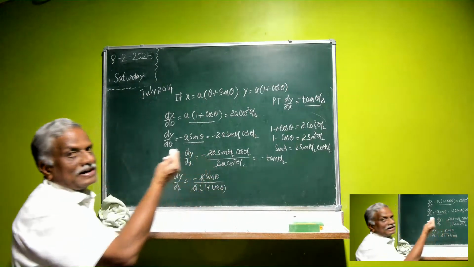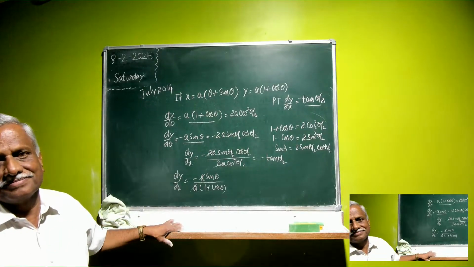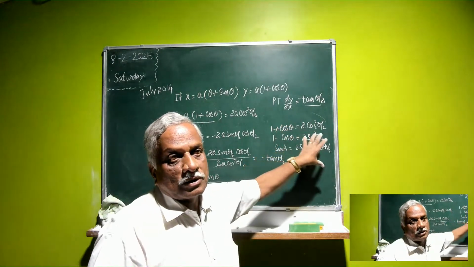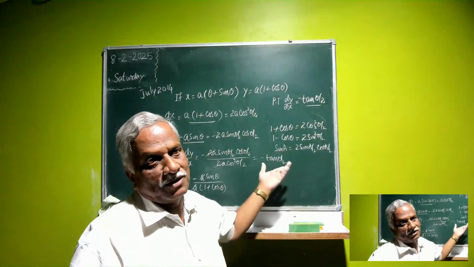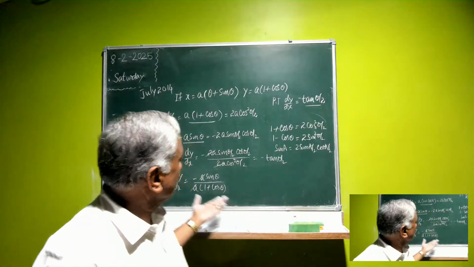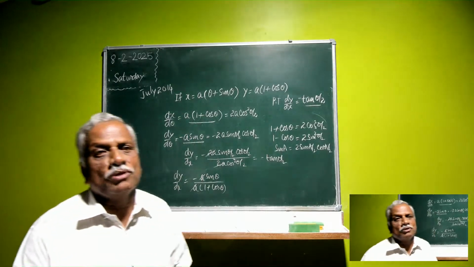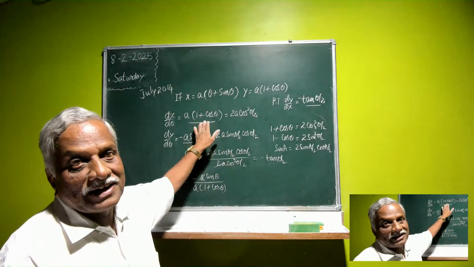Cancel a and a; if you leave it like this, you lose 1 mark. I'm just talking to the students who cannot recall the formulas in the examination. Differentiation is basics. Having worked so many problems, you should not have any difficulty in differentiating.